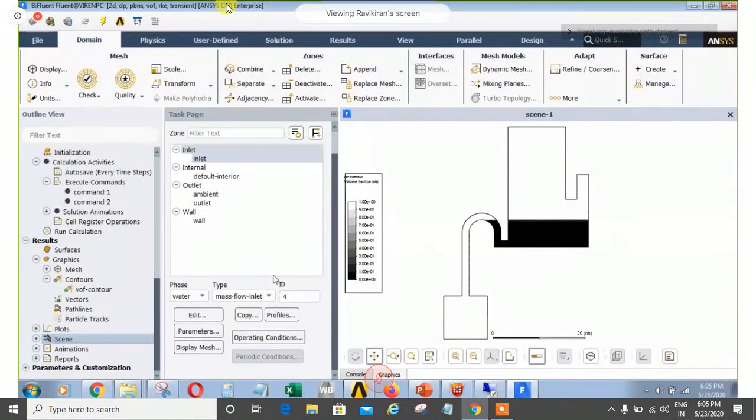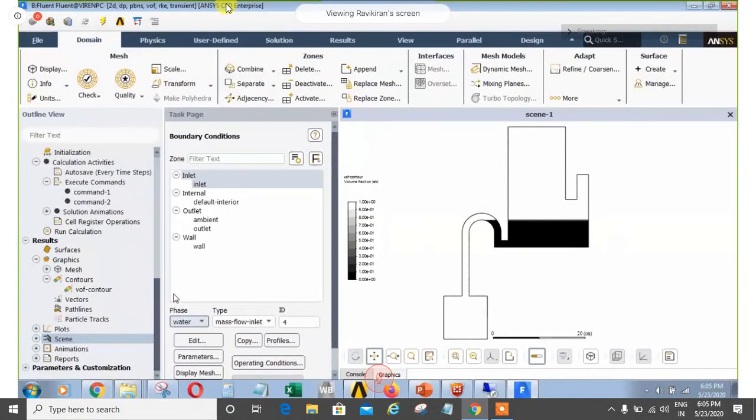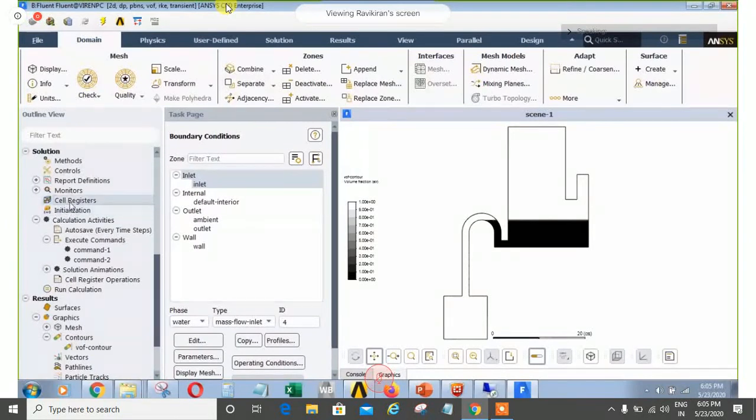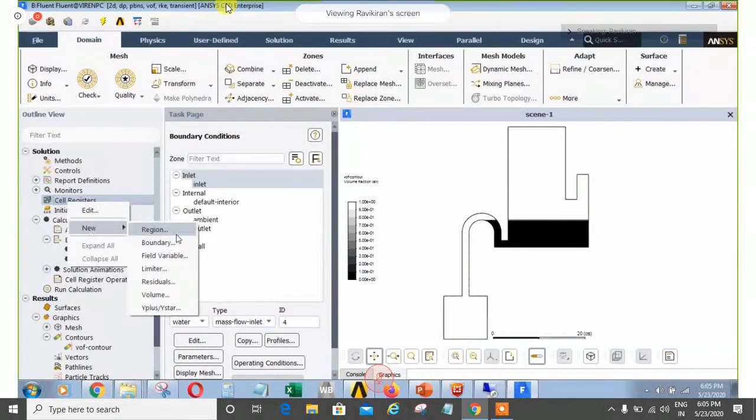So this water can be patched in the initial condition. For that we have to mark a certain region. In order to mark that region, there is the cell register option. We are going to the new region.